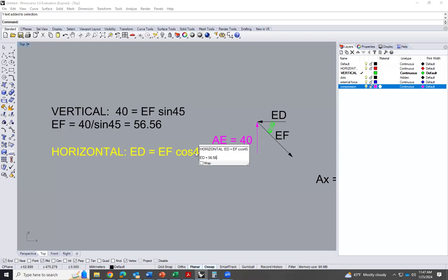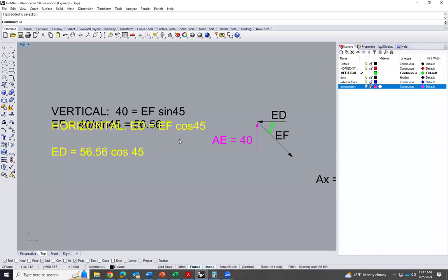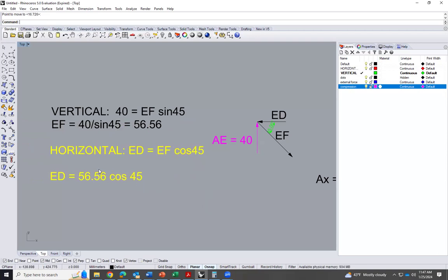Oh, okay, no. ED equals EF, 56.56, times cosine 45.